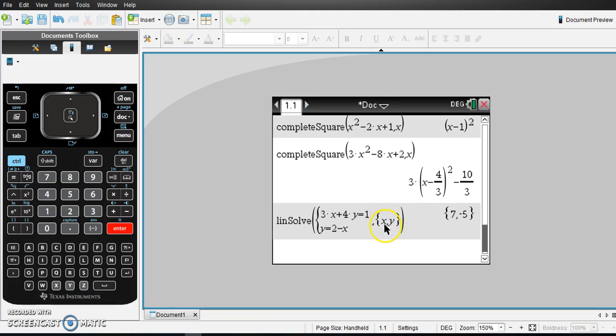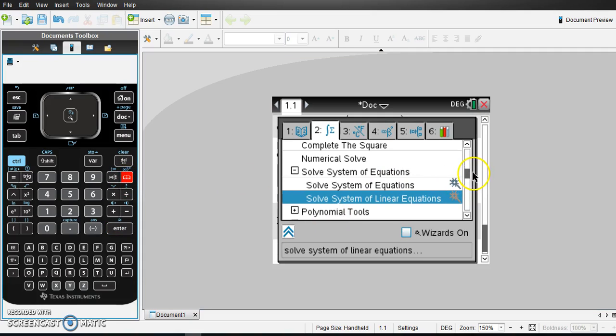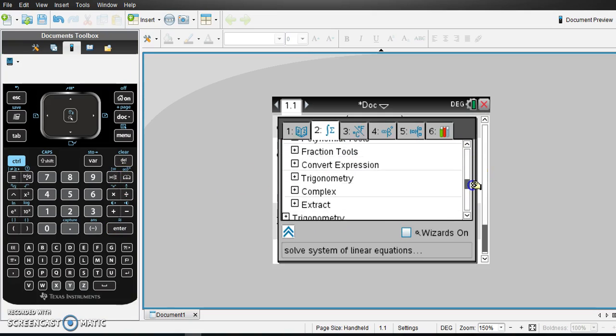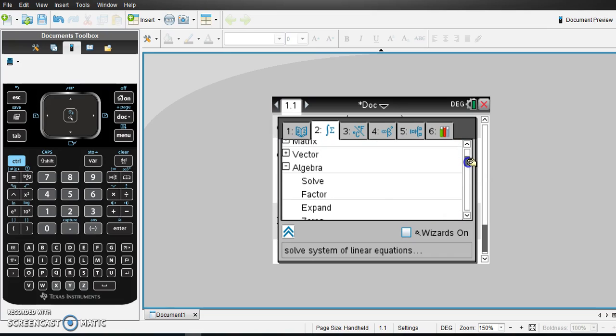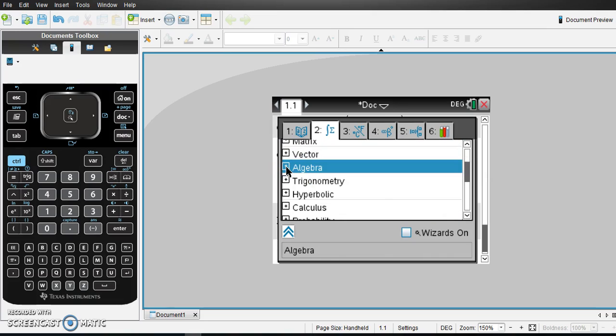It gives you x comma y, x is 7, y is negative 5. There are all sorts of things that it can do, and again, have a little look through, see if there's anything else that you'd like to use in that menu. I've shown you the main highlights of the menu.